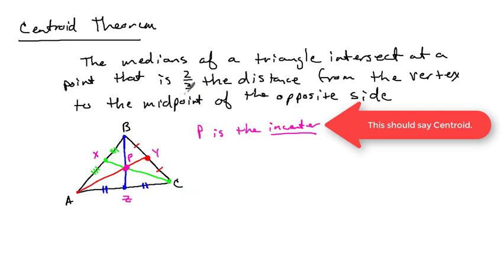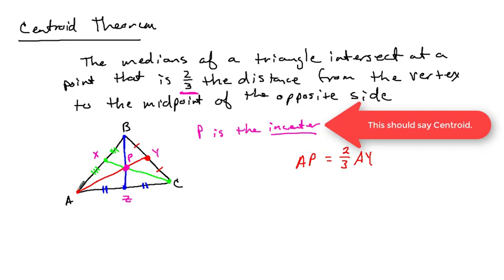Something else that's interesting is this whole 2/3 business. Doesn't seem like much, but if we start to write it down, we're going to see that AP is equal to 2/3 of AY. Okay, that was our red line.